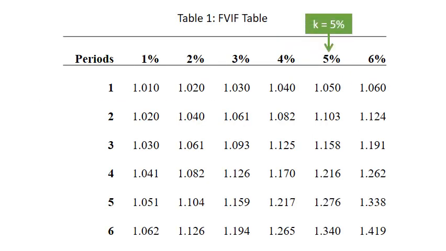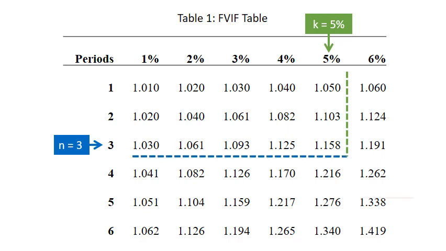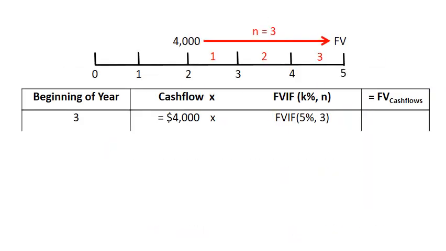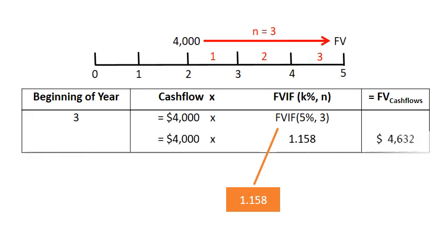So K is 5%, N is 3. And the figure we're looking at is 1.158. We substitute this figure in, equals 4,000 times 1.158 equals a future value of 4,632.